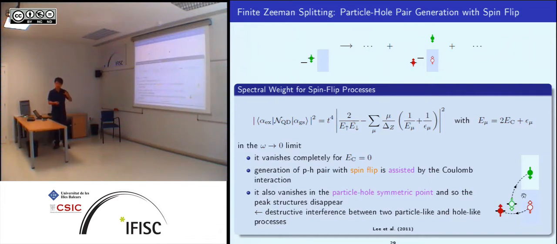And due to the fermion nature of the electron, the two processes have opposite signs. And at this point, both have the same amplitude. So in this case, they cancel each other out due to destructive interference.